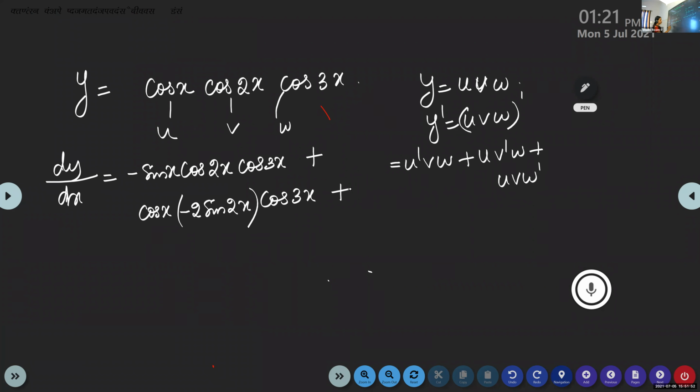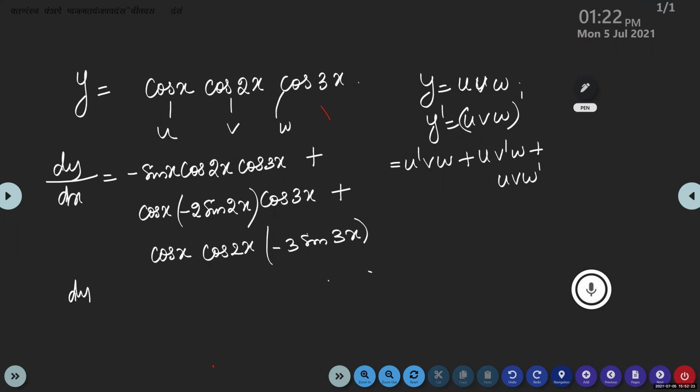Plus, keep the first and second functions as such, cos x, cos 2x, and differentiate cos 3x. Aryan, what is the derivative of cos 3x? Minus 3 sin 3x. Very good.